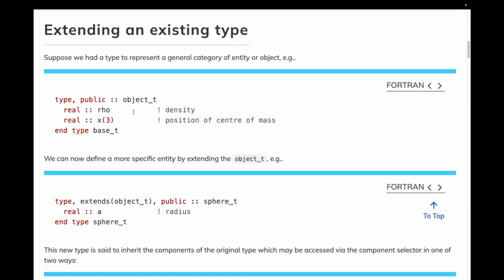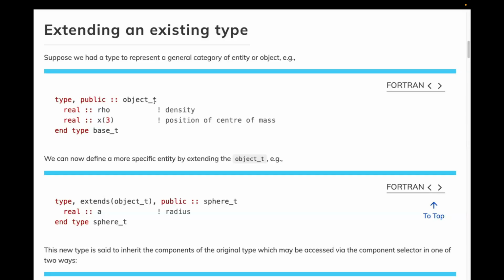Most of the rest of today, we're going to start off from this very simple object T type. Let's imagine that this is in a module somewhere, and this is quite general. When we say object, let's just imagine it refers to some physical object, and we're making it as perfectly general as possible.